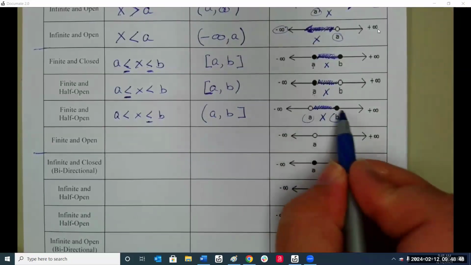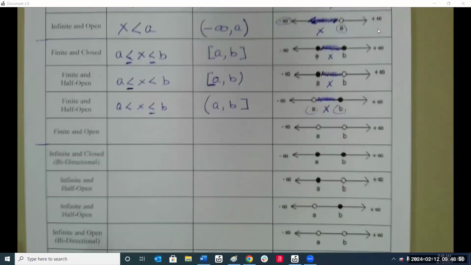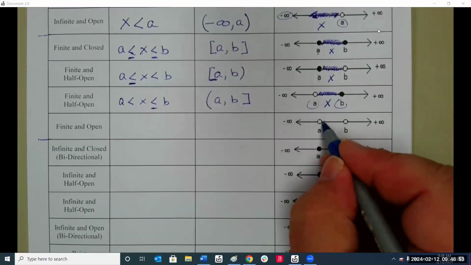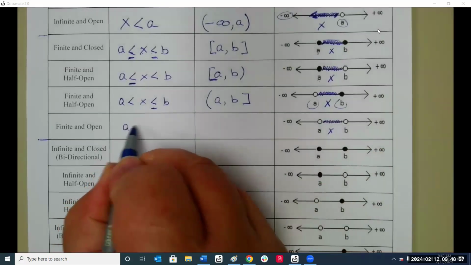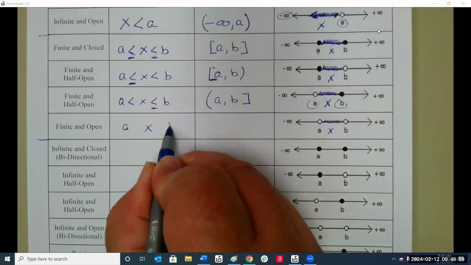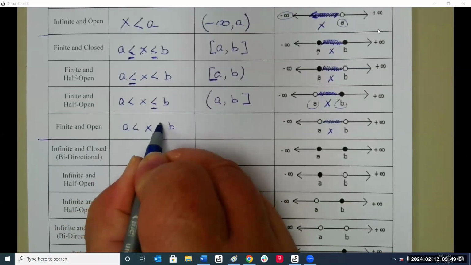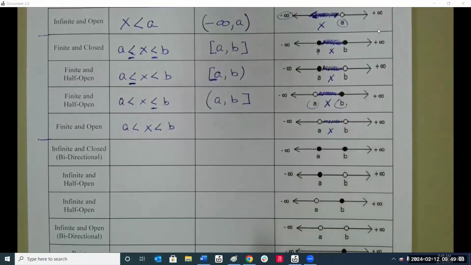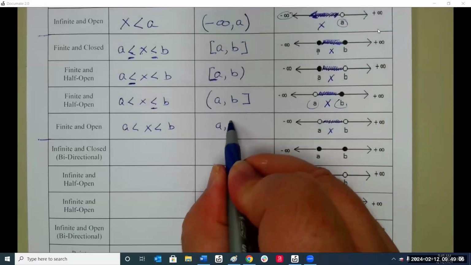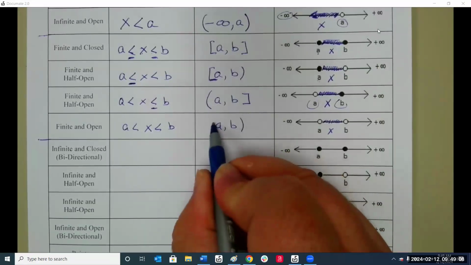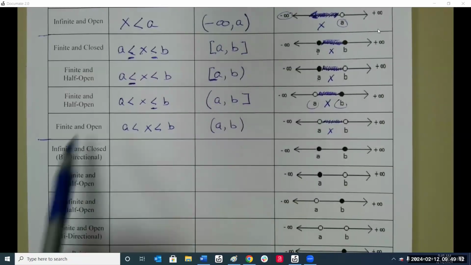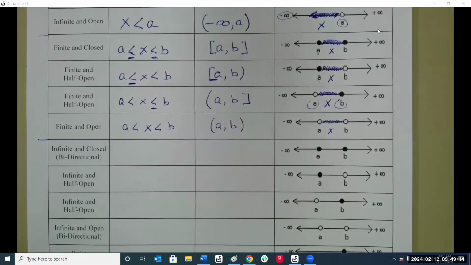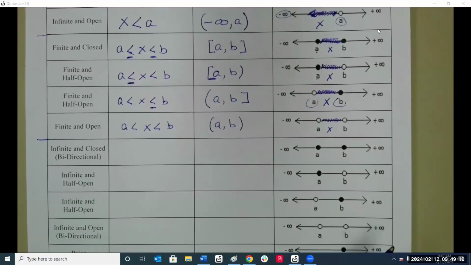Parenthesis because it's a circle, bracket because it's closed. Again, x is between my a and b. And I can't use either of them. So they're both going to be parentheses. So that ends the finite portion, meaning we have a solid beginning and a solid end.